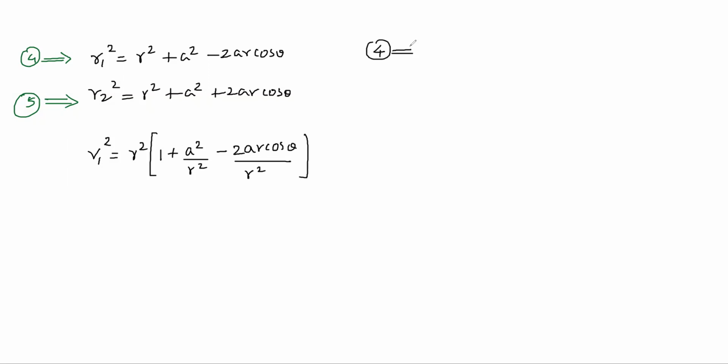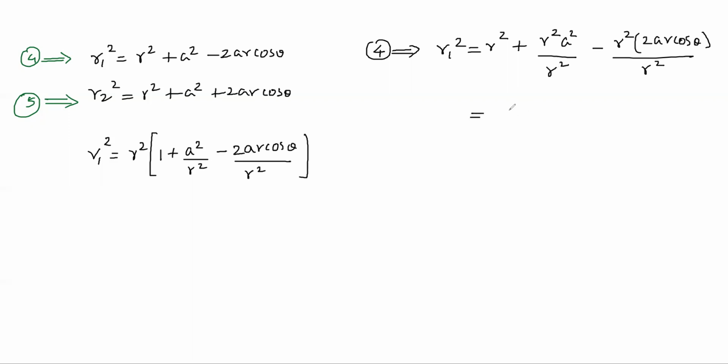Take equation 4 again. R1 square equal to R square plus, multiply and divide by R square. So R square A square by R square in the second expression, and in the third expression, R square into 2AR cos theta by R square. Now you can take R square from the numerator as common.